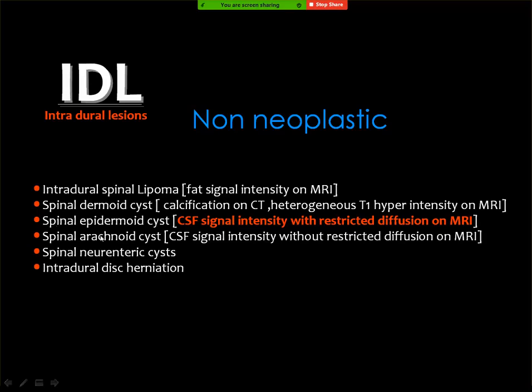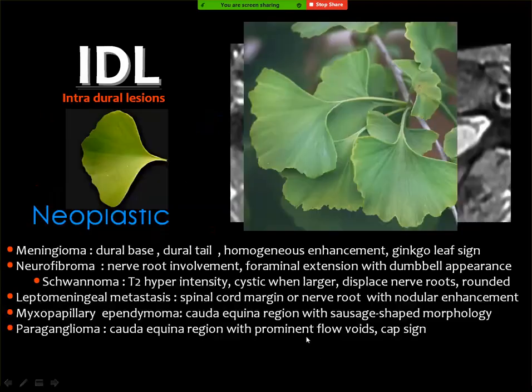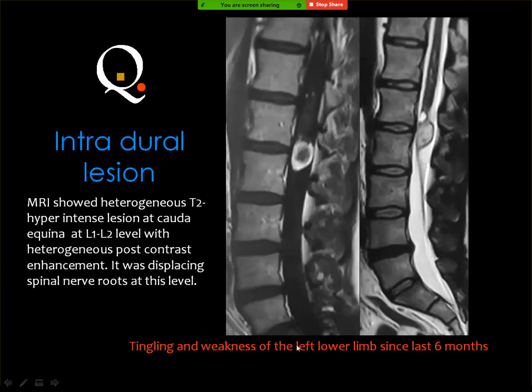Epidermoid cyst, maybe. Spinal arachnoid cyst do not enhance. Neuroenteric cyst will have vertebral anomalies, and intradural disc, and this is not an intradural disc. Then if you go back to the lesion, you see that this lesion can fit for neurofibroma and a schwannoma, for example.